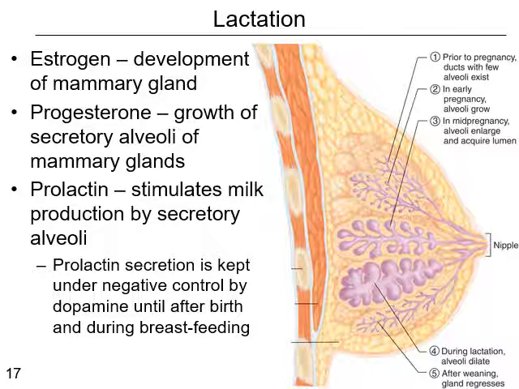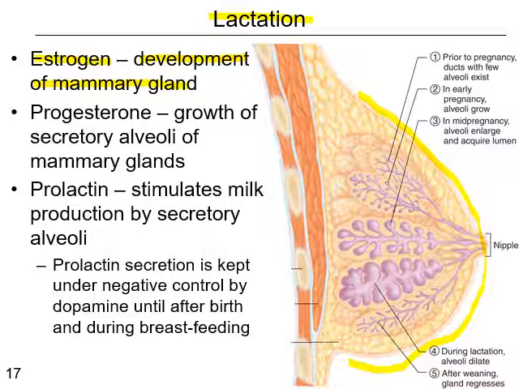Now let's turn to the process of production and release of milk, that is to say, lactation. During pregnancy, the high levels of estrogen lead to proliferation and development of the mammary gland itself. Over here is a cartoon of the mammary gland, of the female breast.